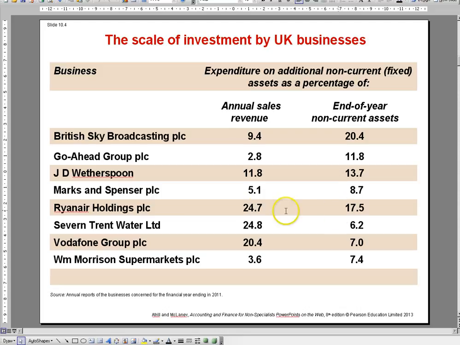And then Ryanair, end of year non-current assets, maybe on better planes, things like that. 17.5% increase in their existing stock of non-current assets, as I said, planes, buildings, and that represents a quarter of their sales. So, really high percentages of their sales they're spending on increasing their capital, being, as I said, the buildings, etc. So there's our full list of major companies that you will have heard of.